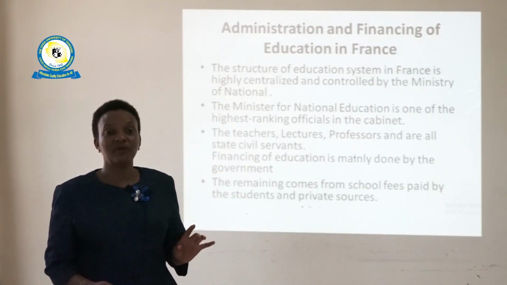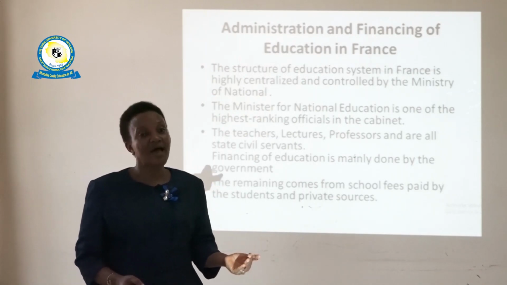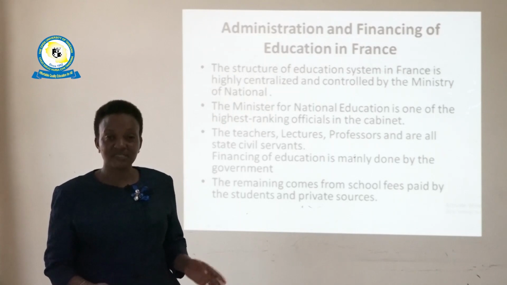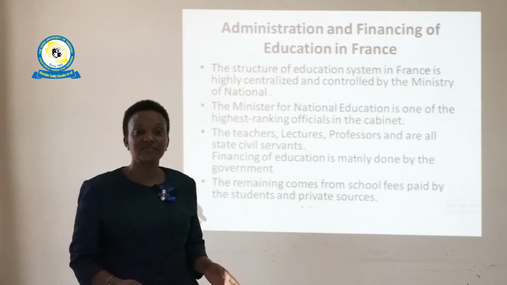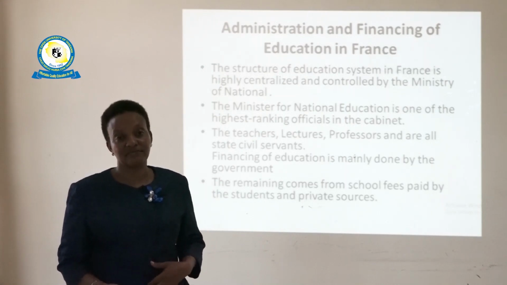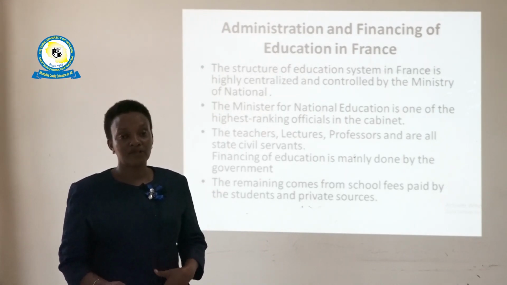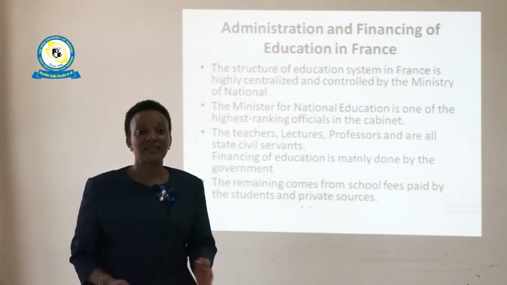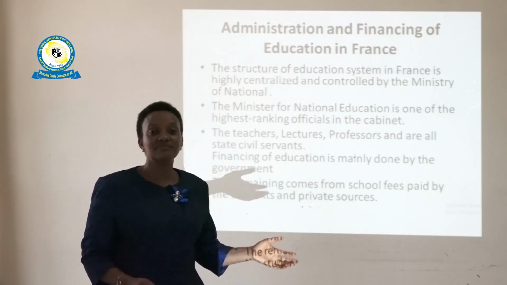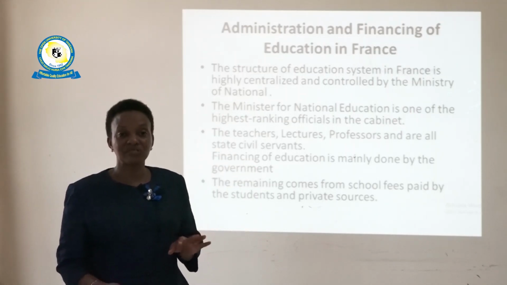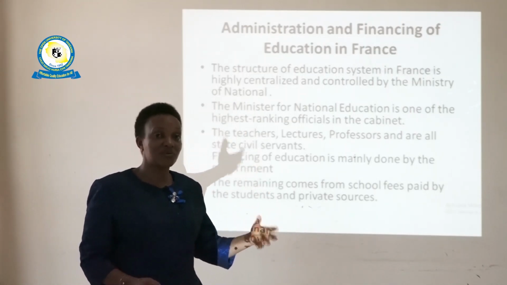The Minister for National Education is one of the highest ranking officials in the cabinet. The teachers, lecturers, professors, and others are all state civil servants. So that is on the administration. About financing of education, this is mainly done by the government. So no individual person pays anything on education.